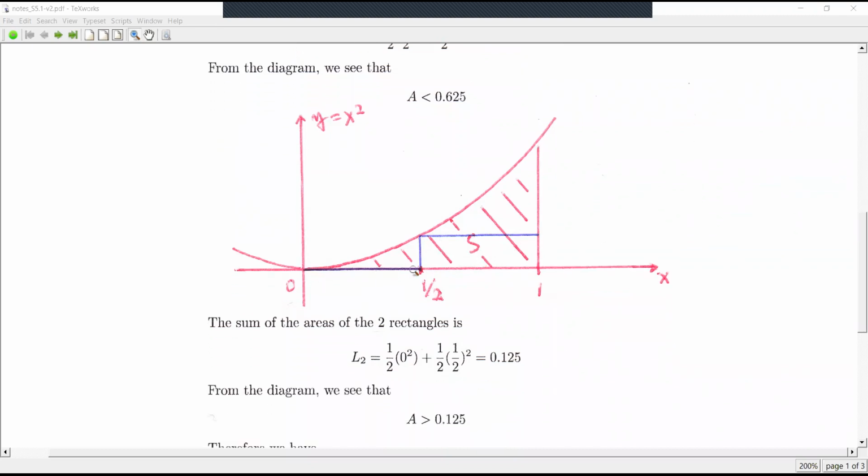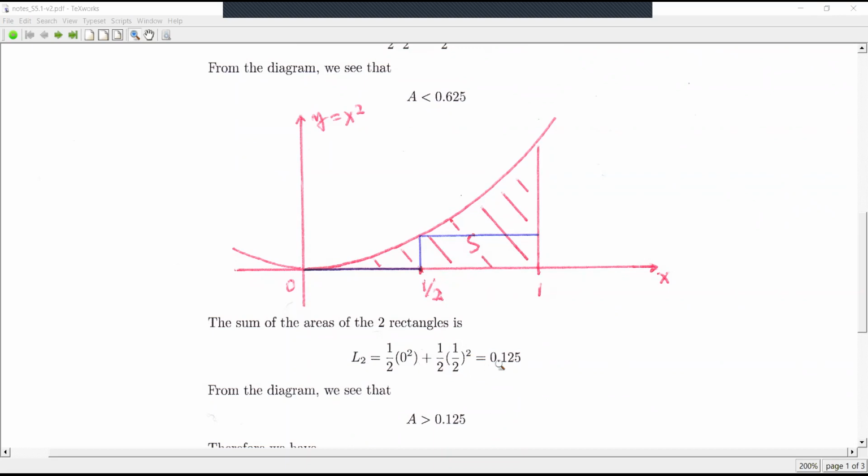Area of the first rectangle, the height is 0, so area is 0. Area of the second rectangle is base 1/2 times height, function value at 1/2, 1/2 squared. So this number is area of this rectangle. Now make a sum.